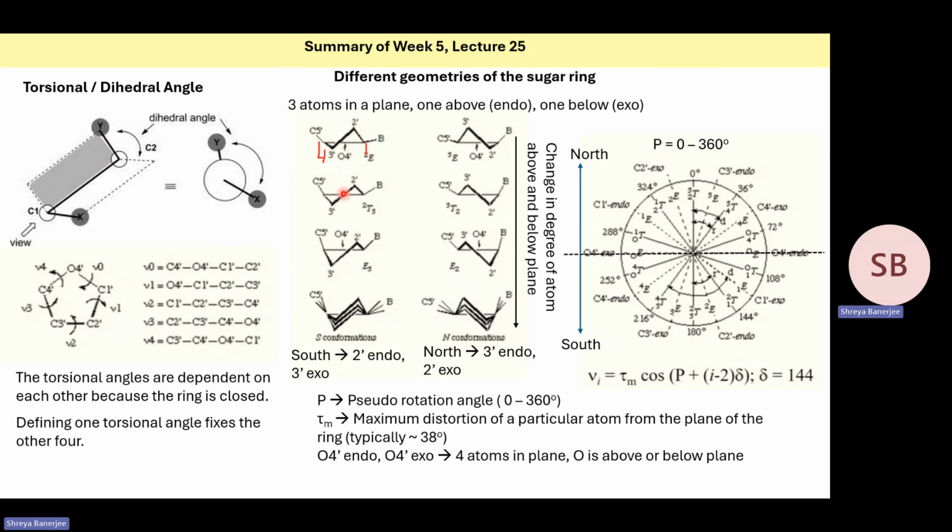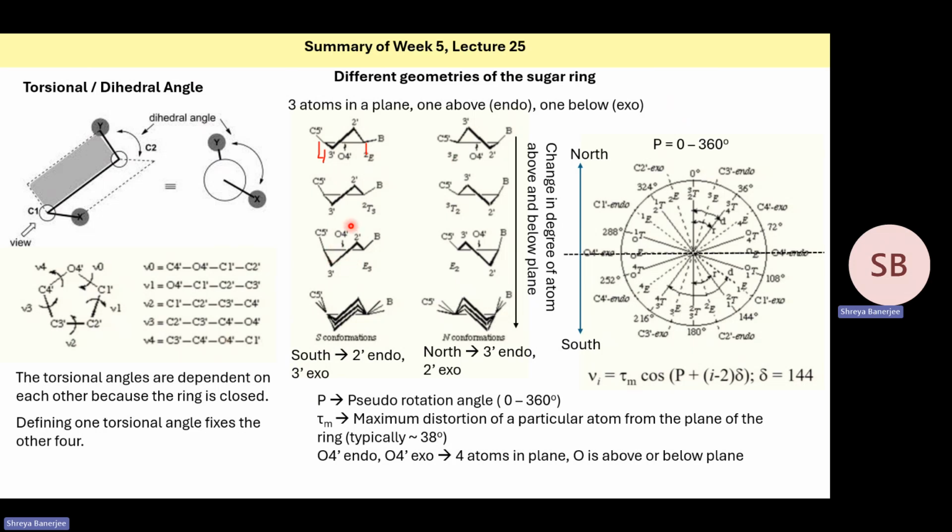Now, the main orientations of the 5-membered ring can be S or N. S stands for south, where you have C2' above the plane and C3' below the plane. If it is above the plane, we call it endo, and if it is below the plane, we call it exo.